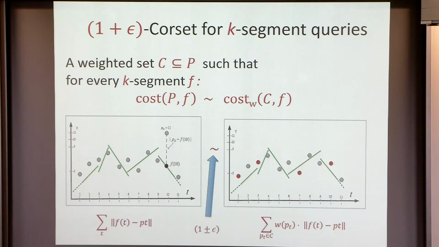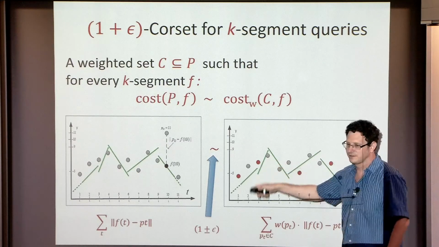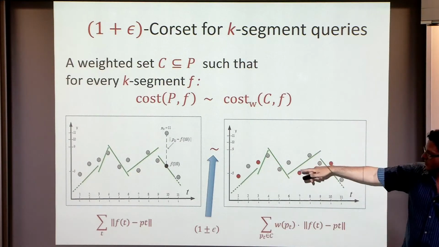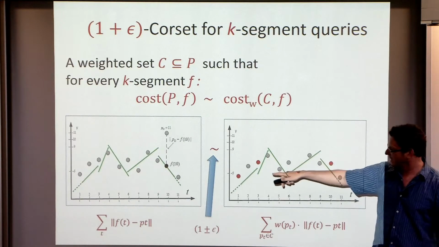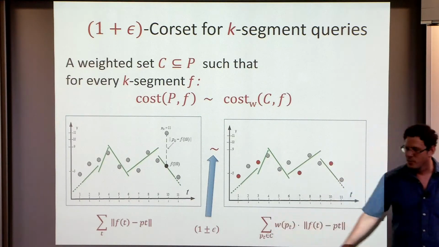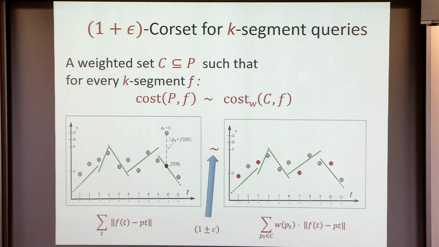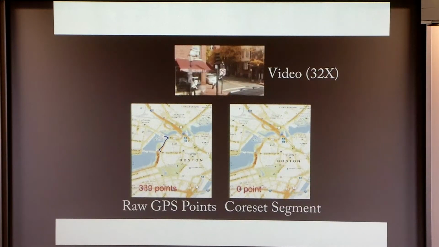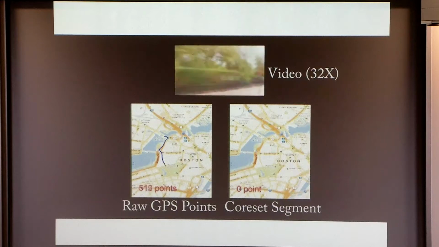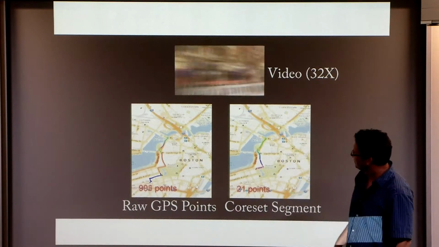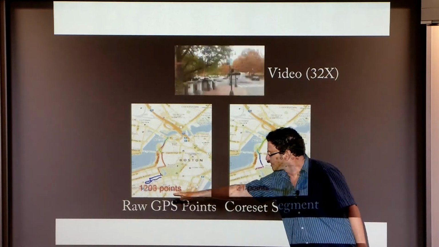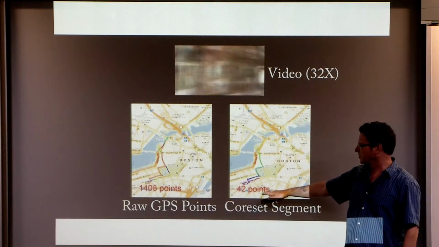A coreset for this problem will be just a weighted subset of points, such that for every query, which is k segments in this case, the sum of squared distances from the original points and from the red points here will be approximately the same. What happens in practice is this is one of the students moving, and you see that you collect a lot of points, but only a few of the points get to our server.